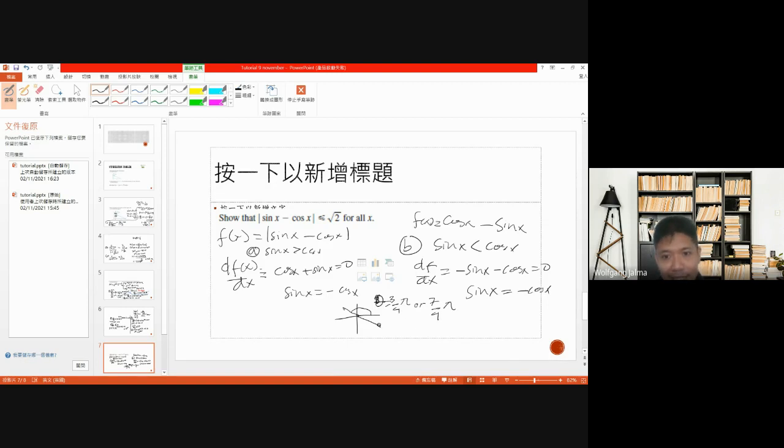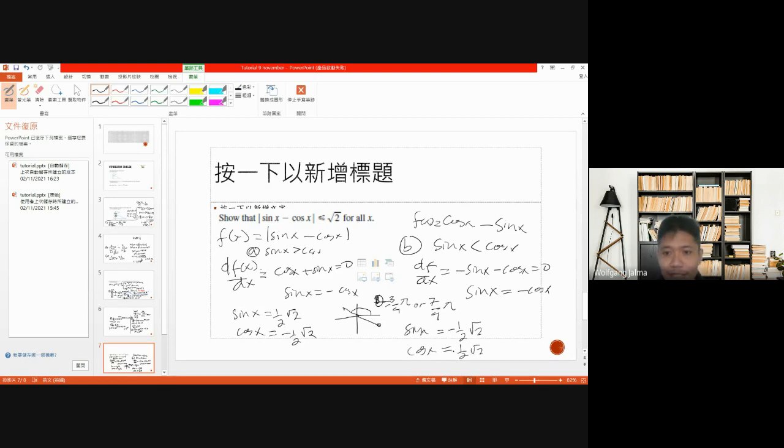And later you will find that either sine x equals minus half, or cos x equals minus half, or vice versa. I forget which is which, but cos x will be positive.